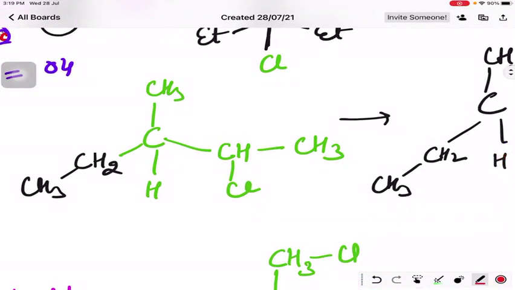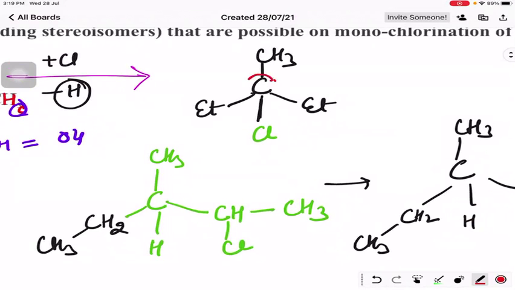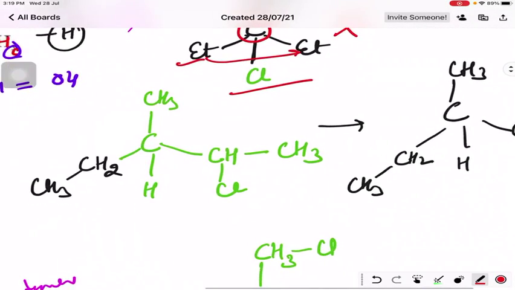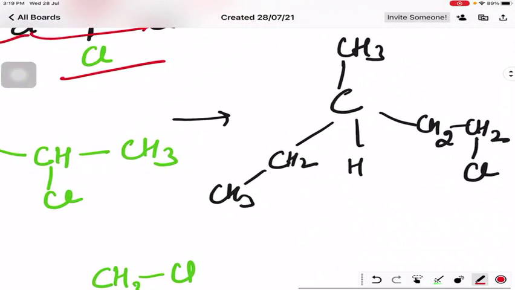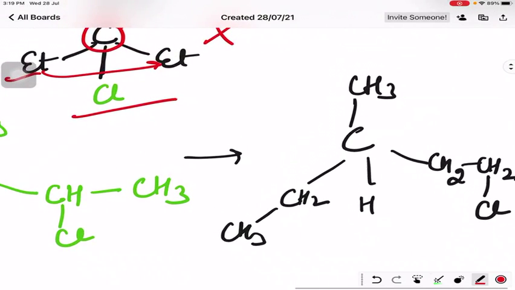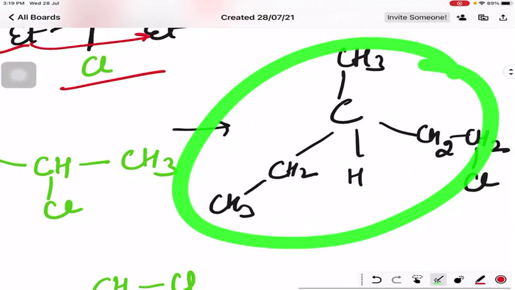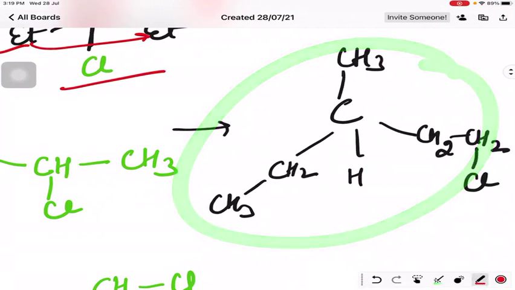Out of these 4 structures, we have this first compound where carbon is attached to 2 similar atoms, so this is not chiral. Here, this structure, is it chiral? No, it is not chiral. Is this one chiral?